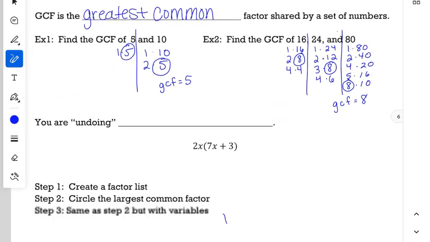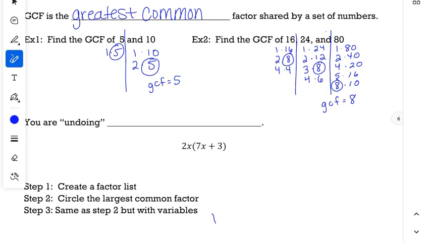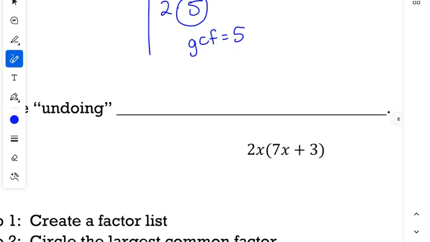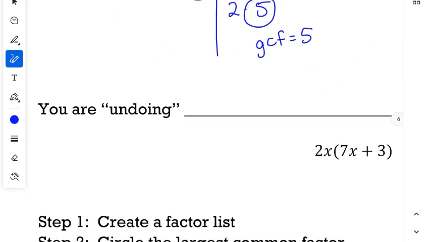All right, so we are going to use the GCF to factor. To factor means you are going to undo multiplication. But what we're actually undoing when we factor, because we're dealing with variables and numbers, is the distributive property. So I'm just going to put you are undoing distributing.